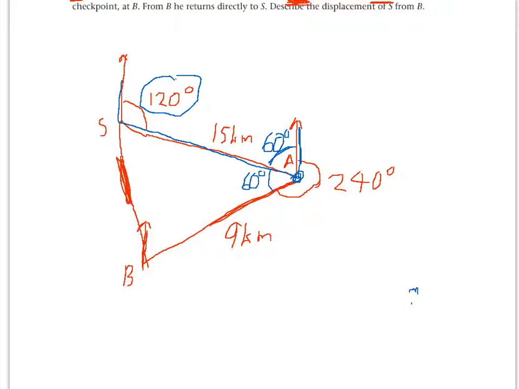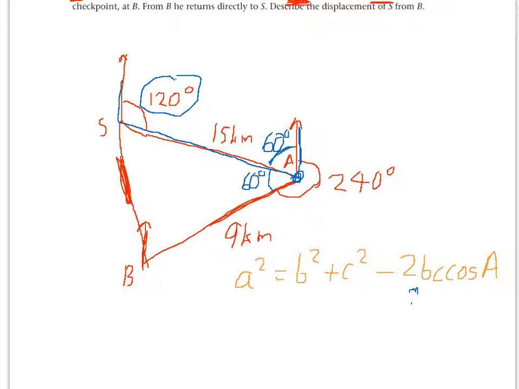Now, we've got enough information to find the missing side, SB. Right, we're going to use the cosine rule to do this, and the cosine rule is as follows: a squared equals b squared plus c squared minus 2bc cos A. Now you need to learn this equation, it's not given to you in the exam.